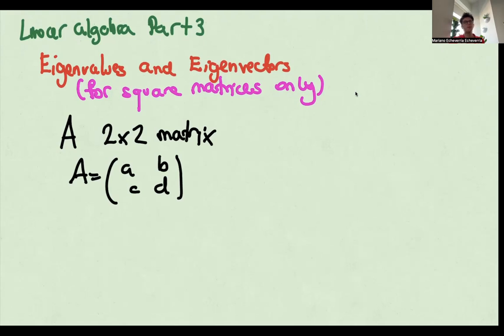And you can multiply the matrix by a vector. In this case, the vector that you will multiply by is a vector with two entries.